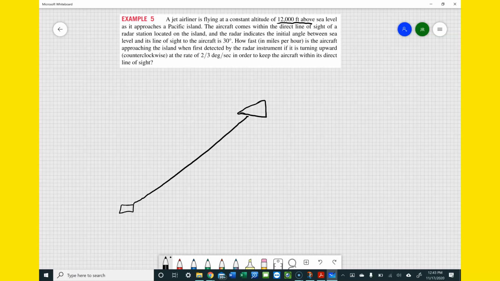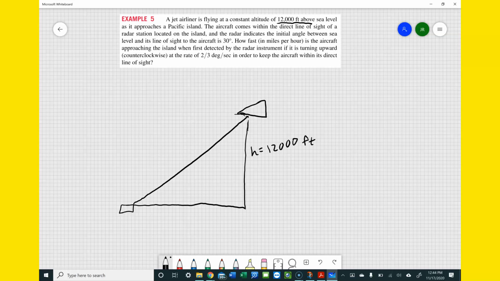All right, so I think I'm going to draw the triangle this way. Let's see. No, I think I'm going to draw it this way. Okay. And so that, let's call that H, and that is 12,000 feet.